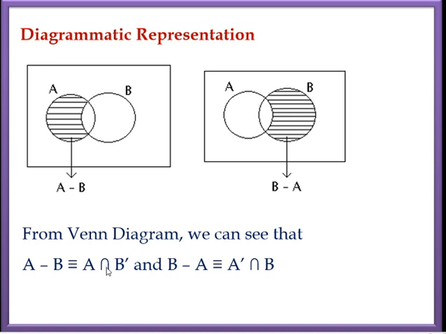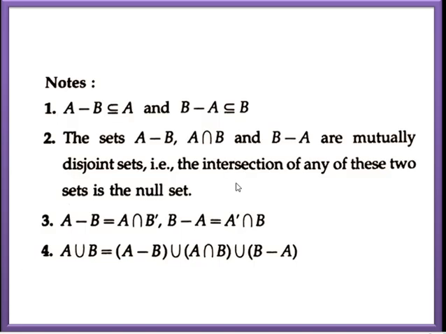See, intersection means and can be replaced by the word but. A but not B, because B dash means elements which are not present in B. That is why I am saying what is A minus B? A but not B. So this part you have to exclude. Similarly, what will be B minus A? It is B but not A. Okay. So this is about difference of sets.